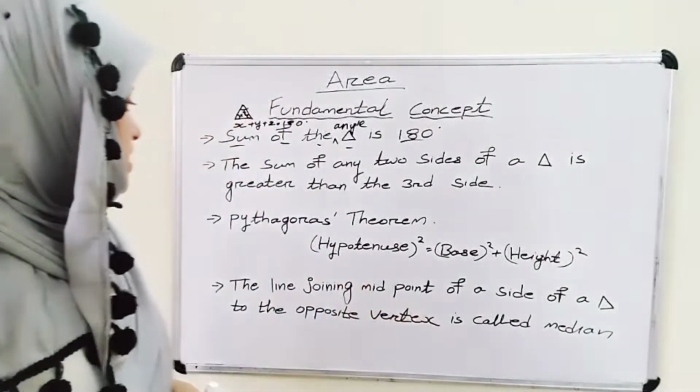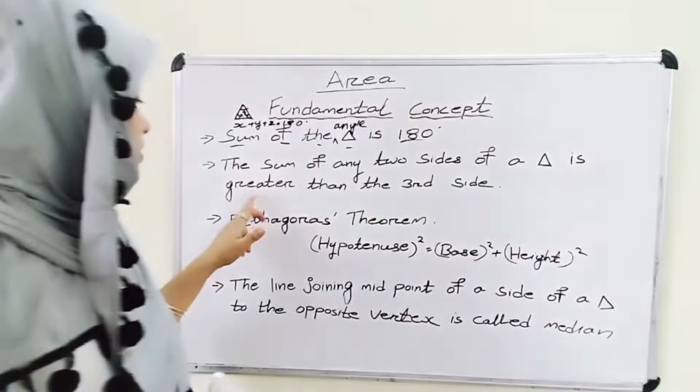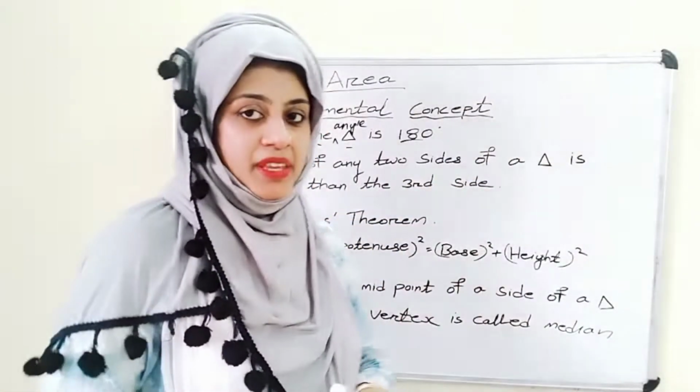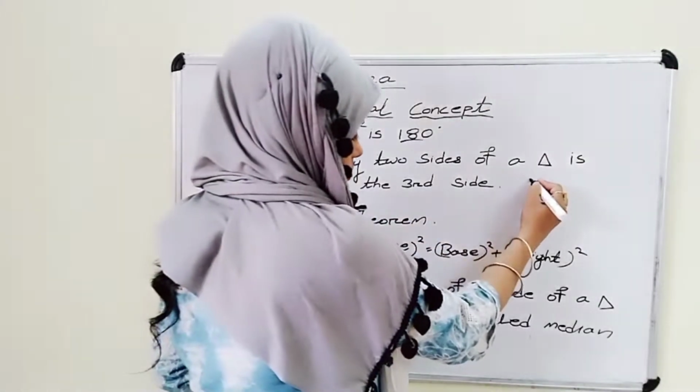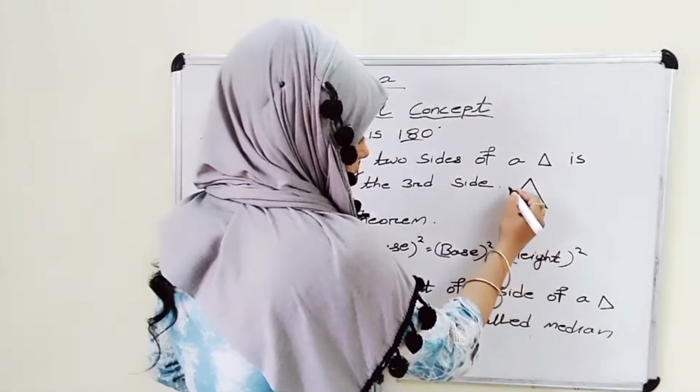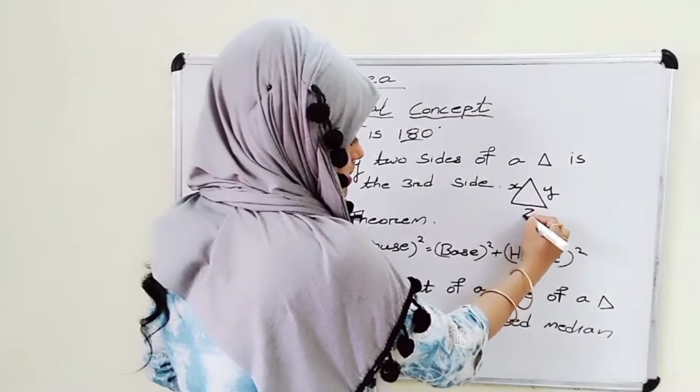Next, the sum of any two sides of a triangle is greater than the third side. Suppose this is a triangle and this side is x, this side is y, and this side is z.